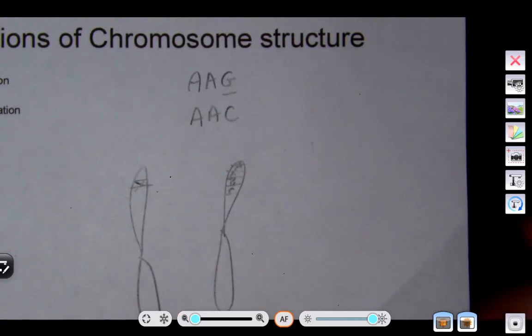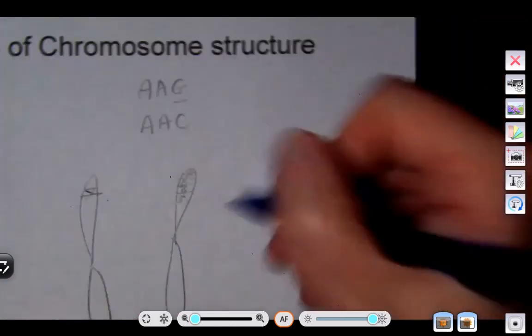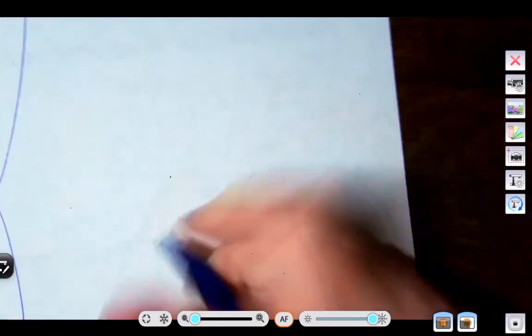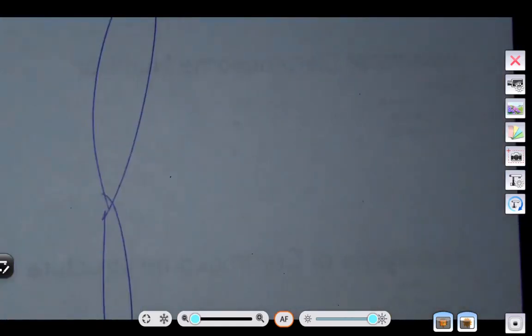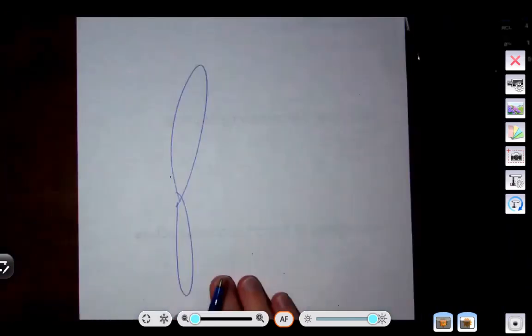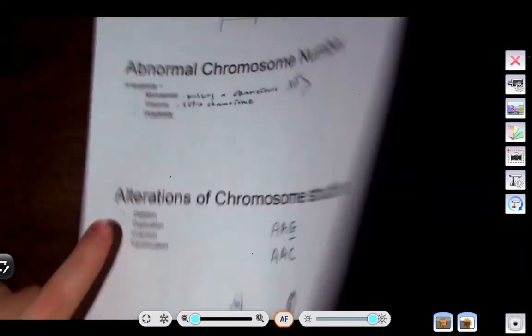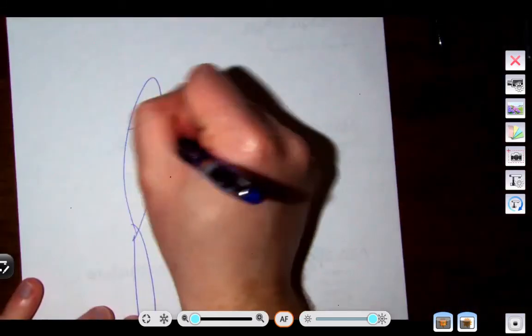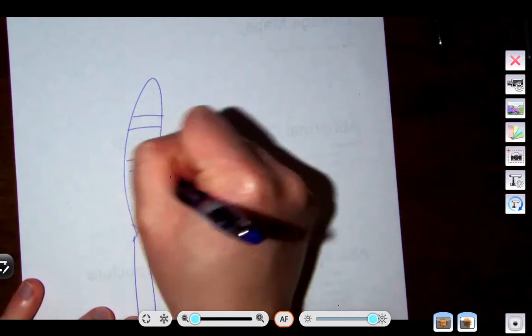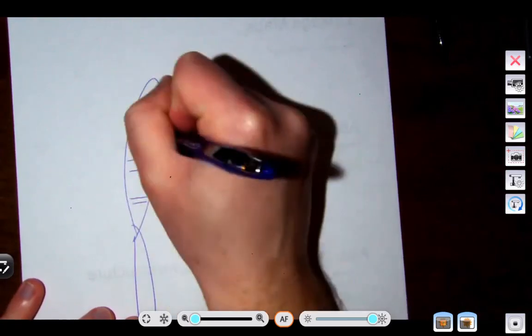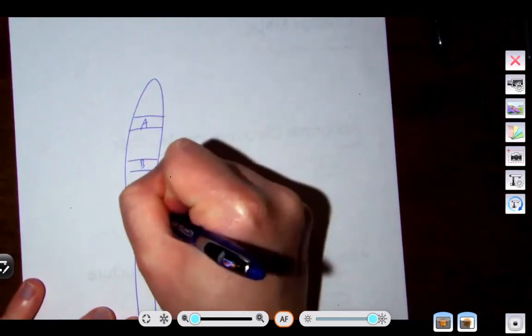I'm going to use a pen for this because it's hard to see. Okay, so here's my chromosome. So we're looking at a duplication. In a duplication, let's say A, B, and C are our genes.